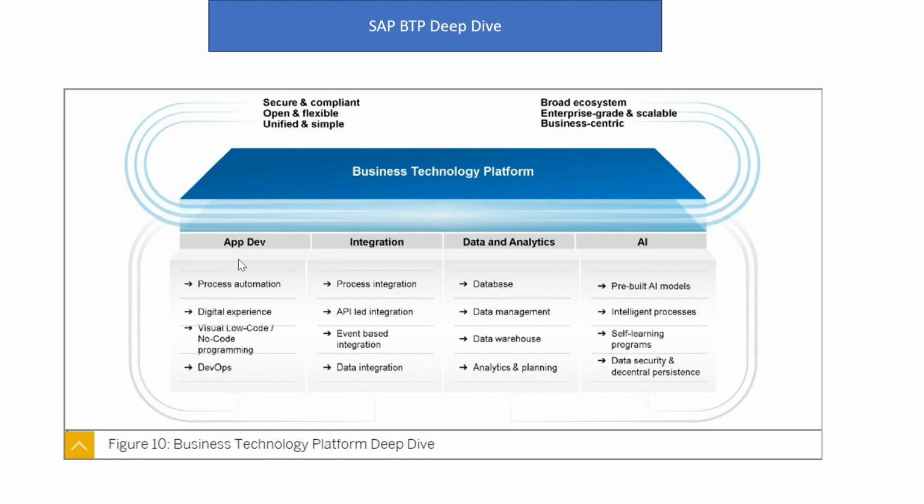So now we have app development, integration, data and analytics, and AI. So this is a platform on which you can develop the apps. Understood? It's a platform on which the developers can develop their apps. So this BTP will also act as an engine which will process your application.